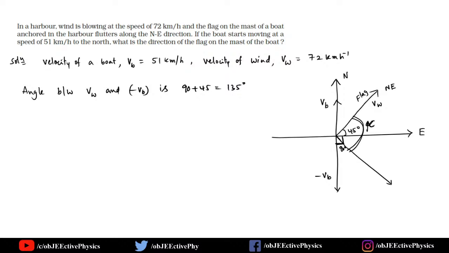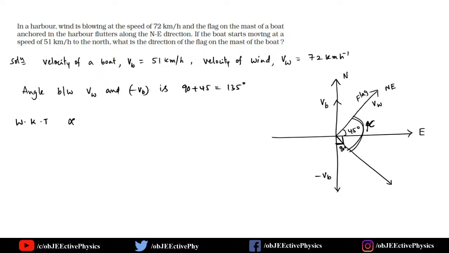Listen carefully, students: when the boat is at rest, the flag is fluttering in the northeast direction, that is the original direction. When the boat starts moving, in which direction does the flag flutter? That is the only thing asked in this question.